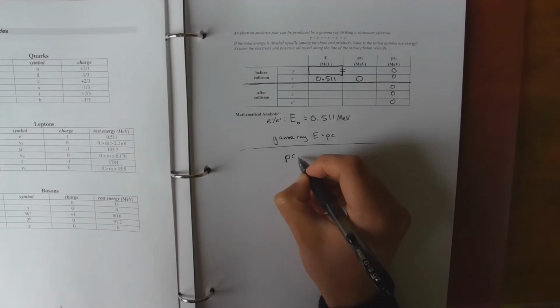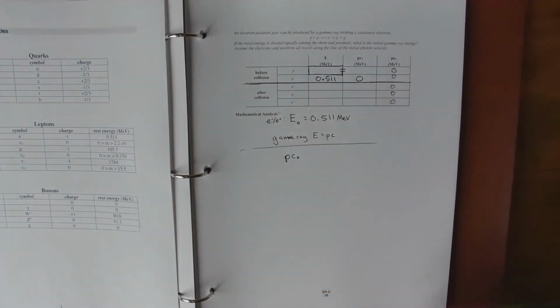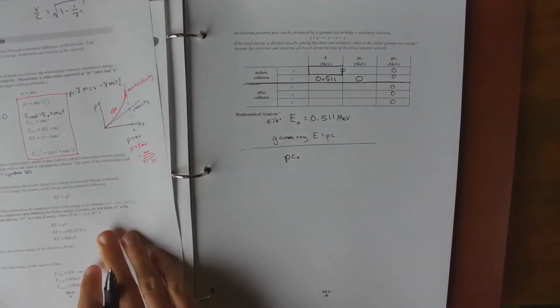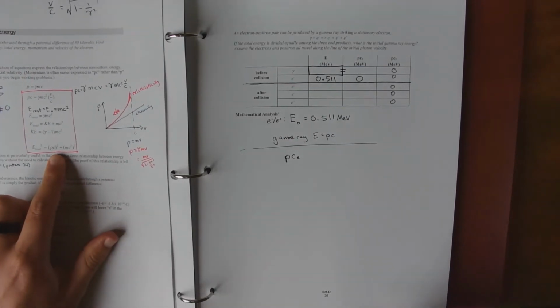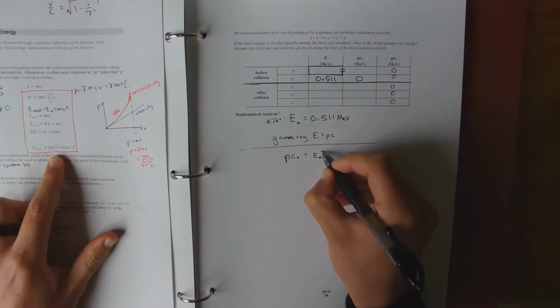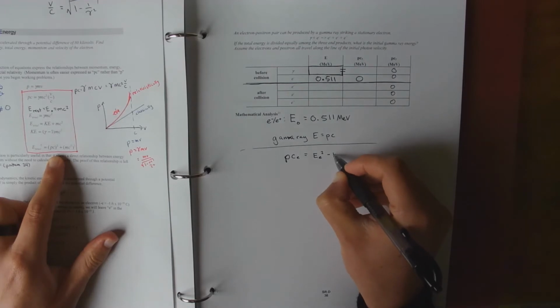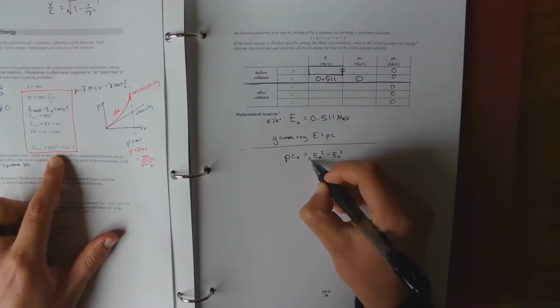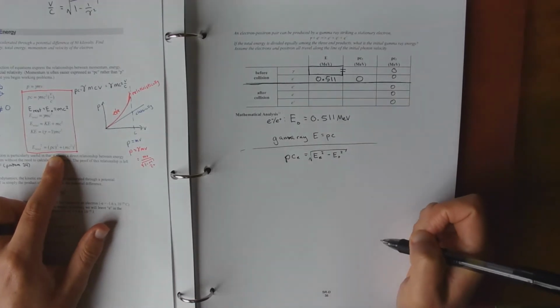So the momentum for one of those particles, from this equation rearranged, would be equal to its total energy minus its rest energy squared, then take the square root.